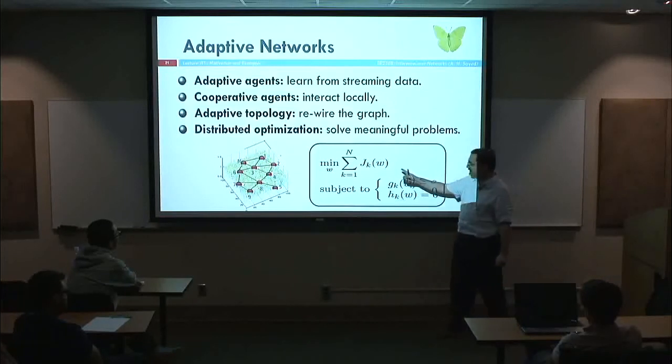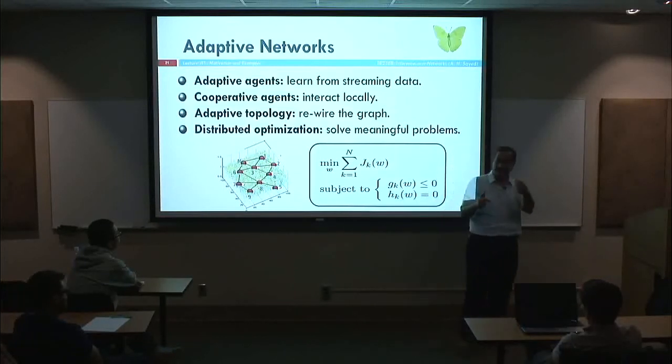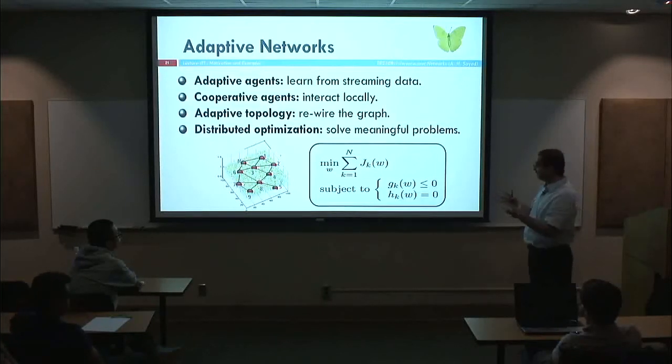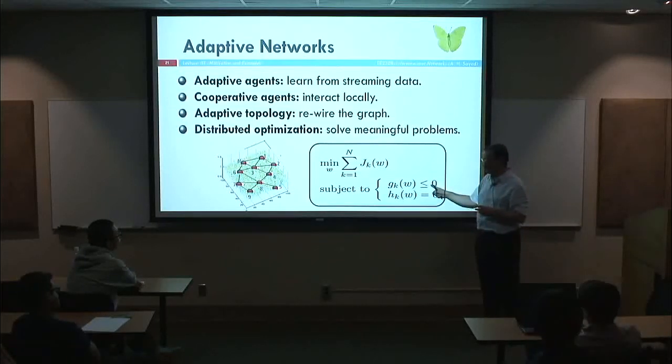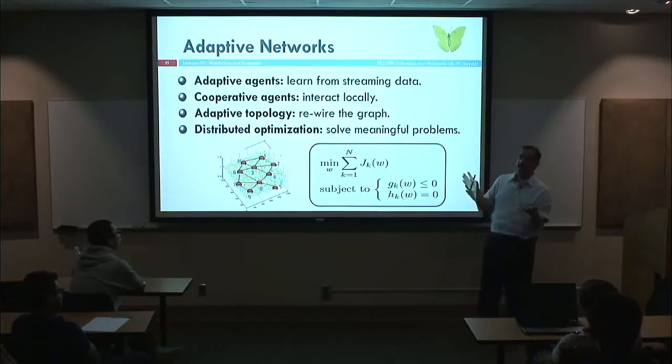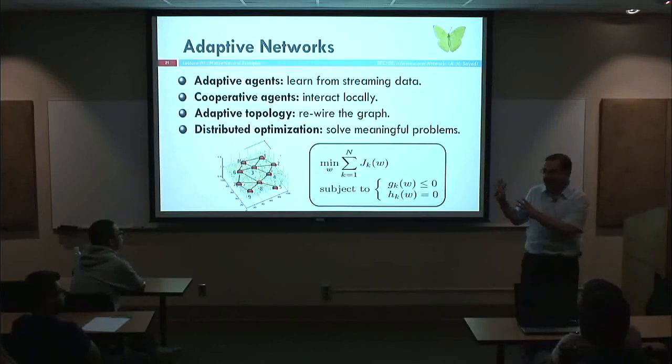For example, every agent may have a cost function J sub k for agent k associated with it, and you would like to minimize some aggregate cost function, but subject, in the general case, to some constraints, inequality constraints or equality constraints that are node dependent. So this is a general problem formulation. In general, it will be a convex optimization problem that we will be dealing with.